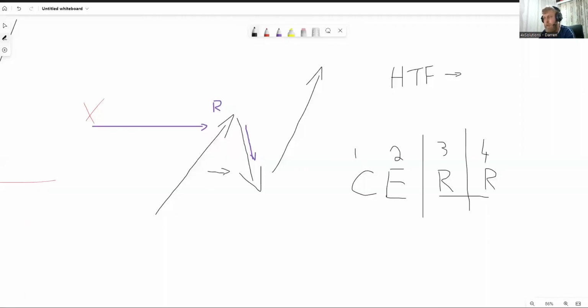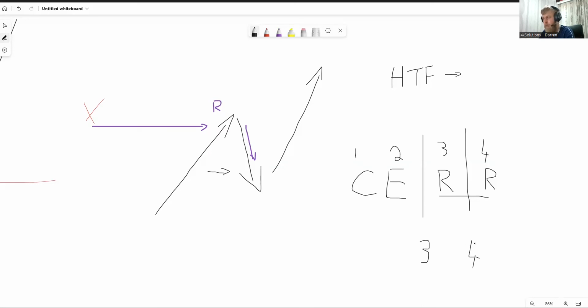So again, if we look at what we said here: consolidate, expand, retrace, reverse, or reverse and retrace. The market, after reversing or retracing, now that 3 and 4 has occurred, can actually go back to consolidation or back to expansion.